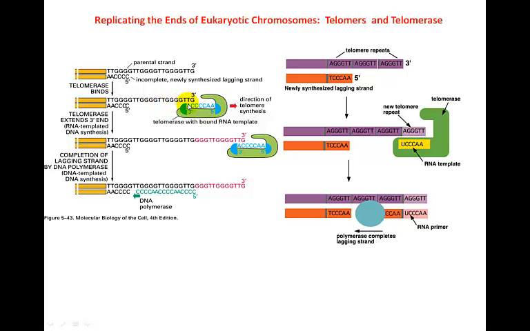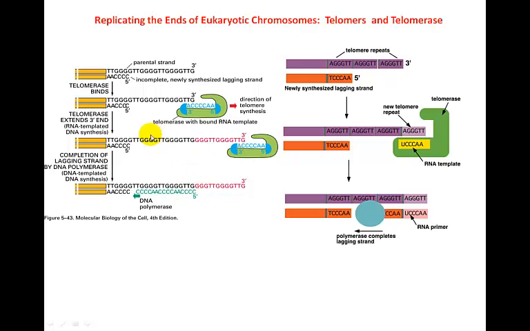And then what we do is we use this RNA as a template to extend the 3' end. So the nucleotides you see in red, those use the sequence that's on the telomerase to extend the chain. And then once this chain gets long enough, we have enough room that the replication apparatus can put a primer in here and then extend our chain until we've completed the end of the chromosome.